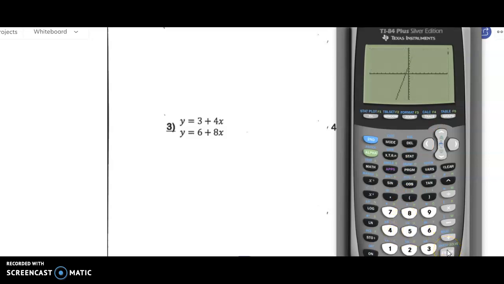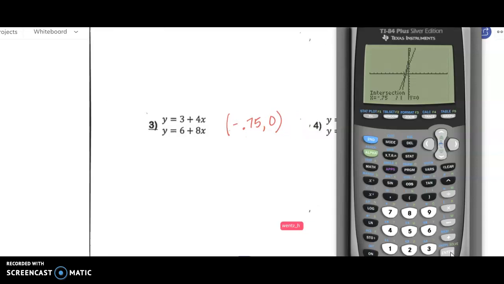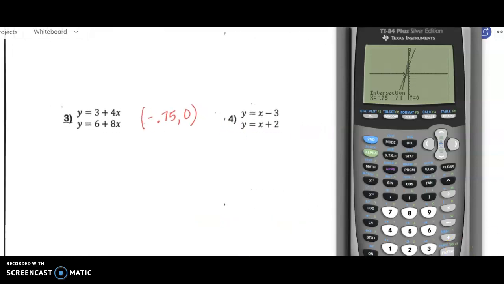On your calculator by hand, you might be able to do it a little faster. You can see if your calculator is thinking right here in the top right corner, it doesn't like you to interrupt its thinking. So just enter, enter, enter, and you can see that your answer is going to be -0.75, comma 0. This is super helpful when they're crossing at really ugly places.